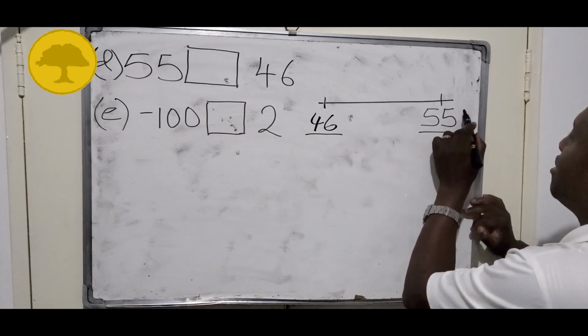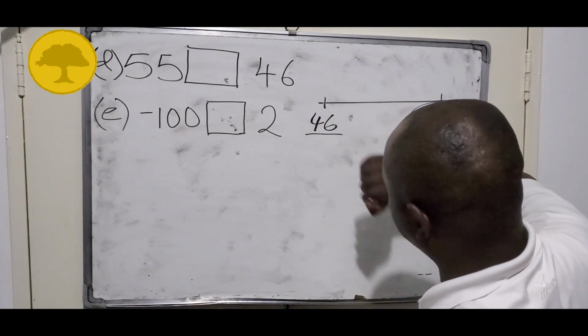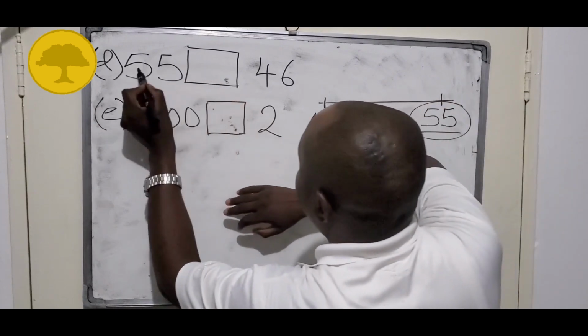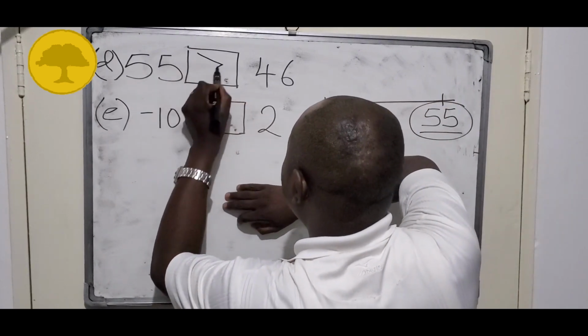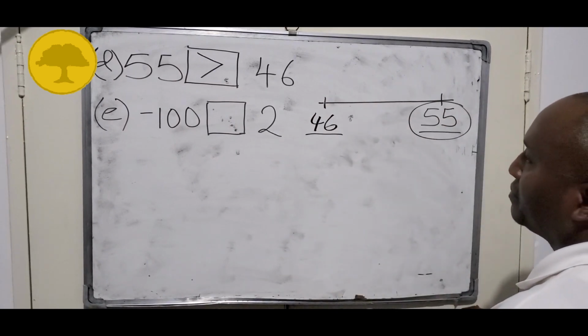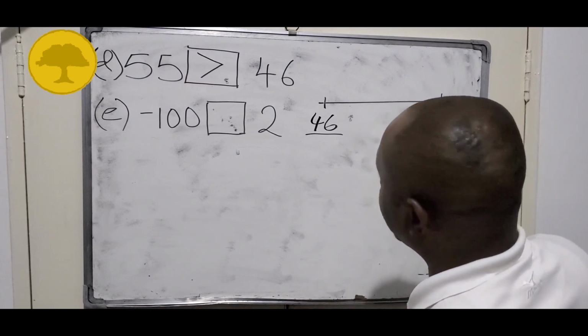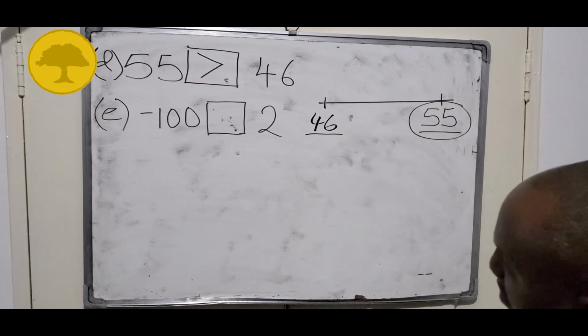So meaning 55 is definitely larger than 46. So we'll say 55 is greater because it is on the right hand side of 46. I hope that one has been cleared and answered correctly. We move on to the next.